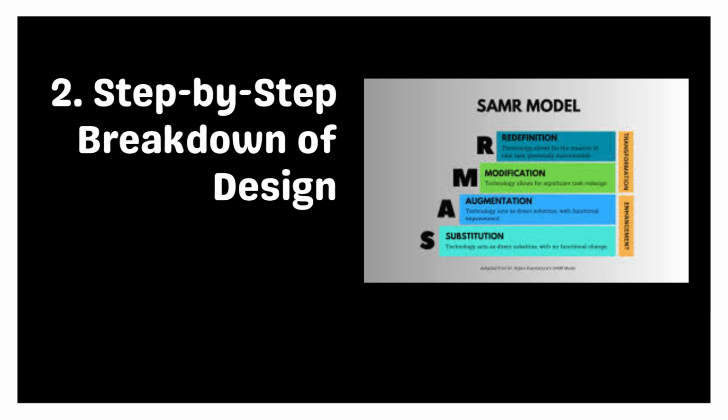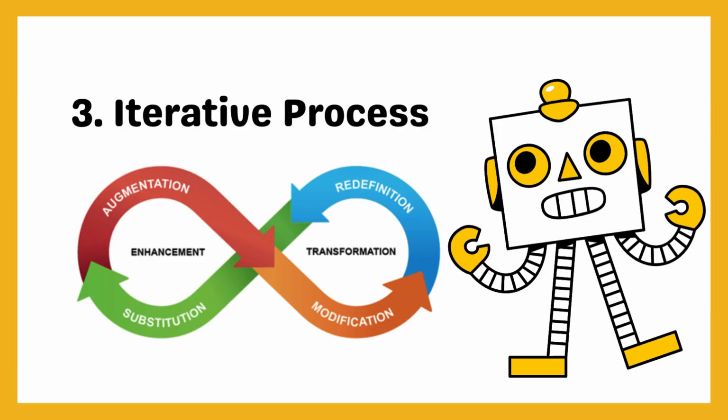Again, for each step of the SAMR, we would determine and specify the what, the why, the where, the when, and the how. I would also emphasize that the SAMR model is not linear, that it can be revisited and adapted as we progress through the design.